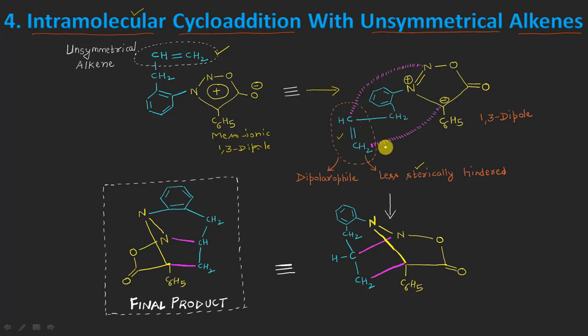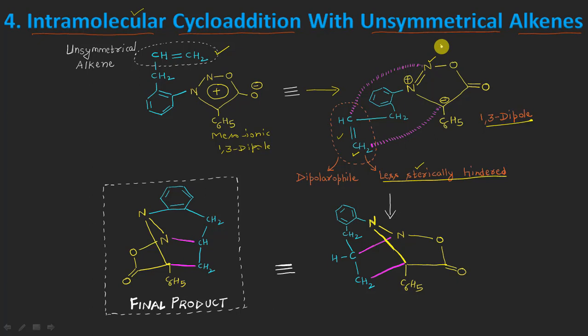So obviously the negative end of our 1,3 dipole, I mean of the mesoionic compound, will be interacting with that carbon atom which is less sterically hindered, and which is this CH2 here, right? And the second carbon atom of the olefinic double bond will be interacting with this positive end of the dipole, which is this nitrogen atom in the present case.